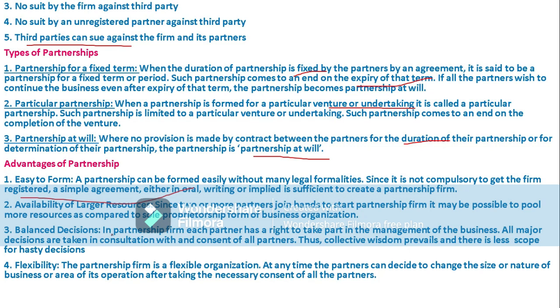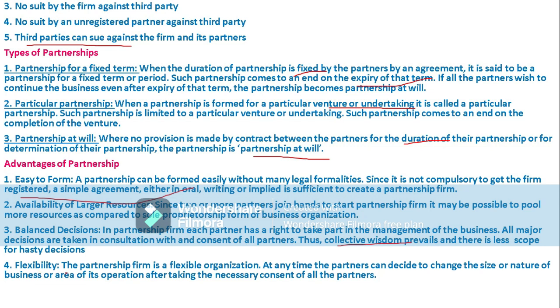So we can see collective wisdom here, because many persons are involved in a single solution, they will try to come up with a good solution. So we can derive collective wisdom from more members of a business. Okay, and less scope for hasty decisions. And so we can say that there are balanced decisions.